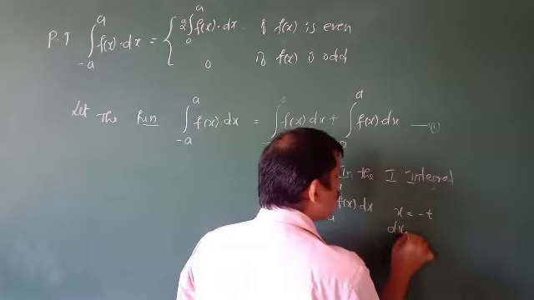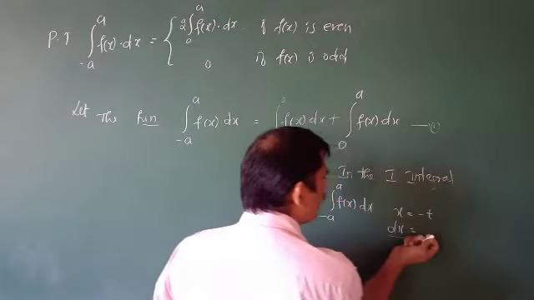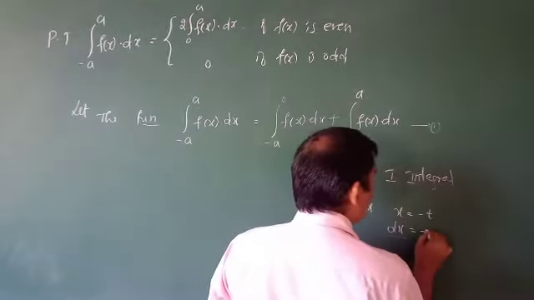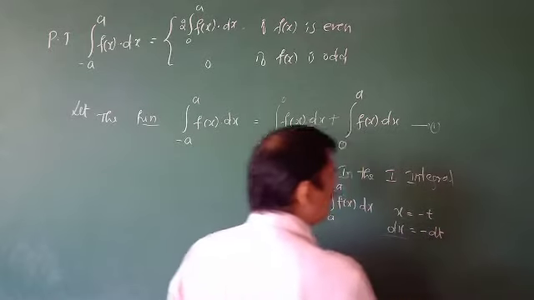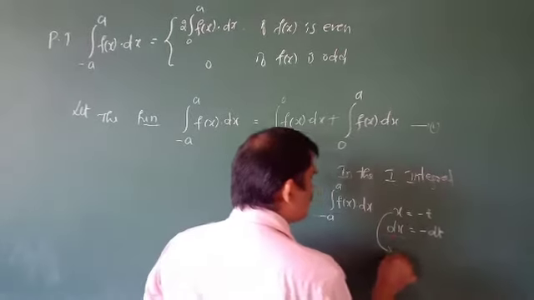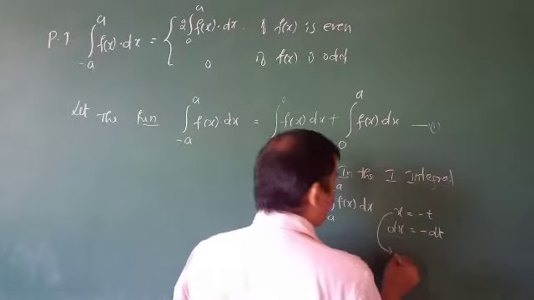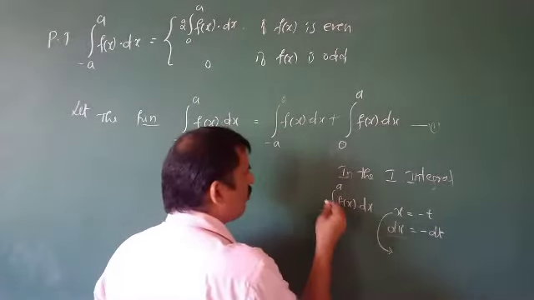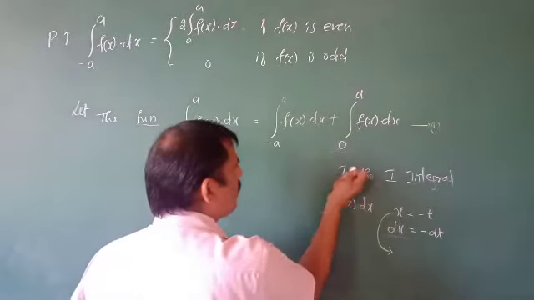Differentiate with respect to x: dx is equal to minus dt. In the first integral, the limits are minus a to 0.